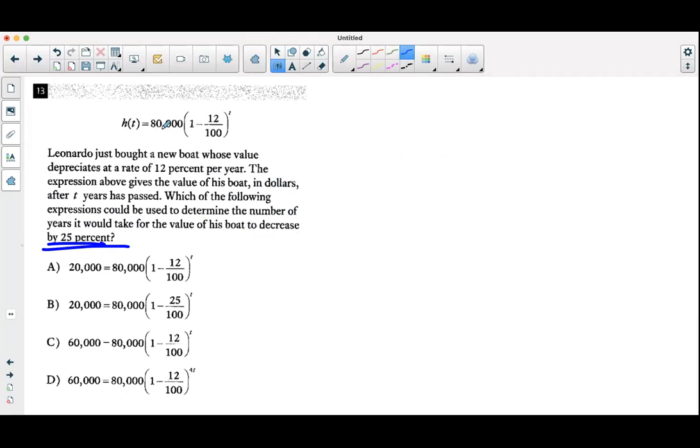25%, so that means what? 80,000 seems to be the original value, wasn't it? The original value now has to decrease by 25%. So that means we still have 75% of the value. Then what's 75% of the value?